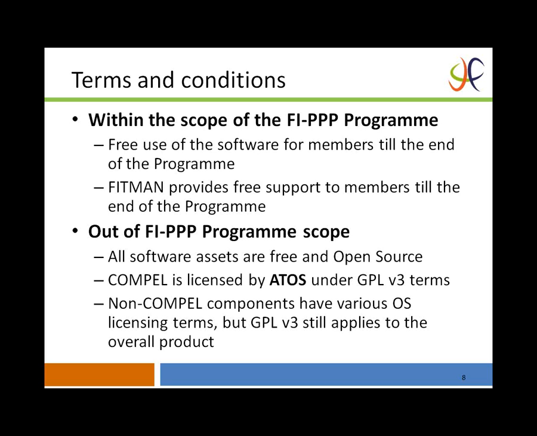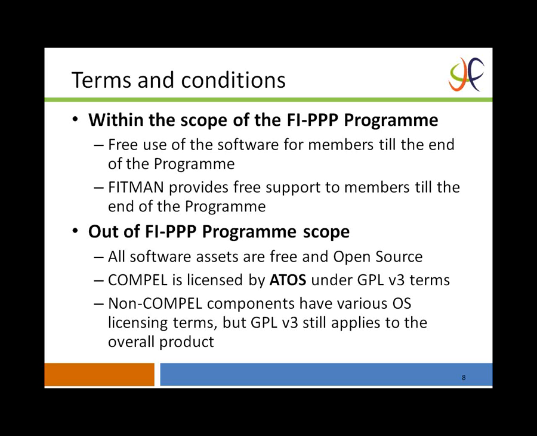Outside of the FIPPP, of course, this is open source software, so you can download it, you can install it, you can even modify the code. Take into account that the Compel generic enabler goes under GPL license, so it means that it also applies to any other software that is bundled with it.